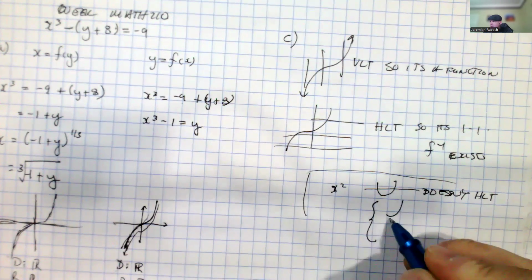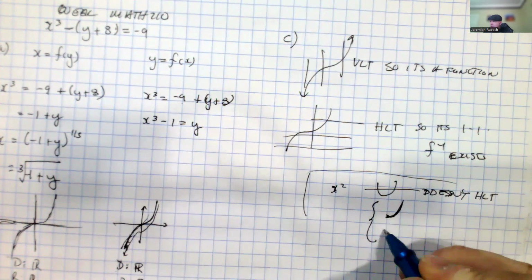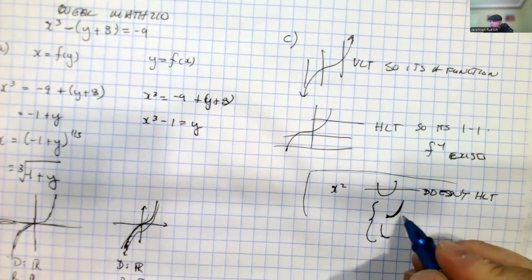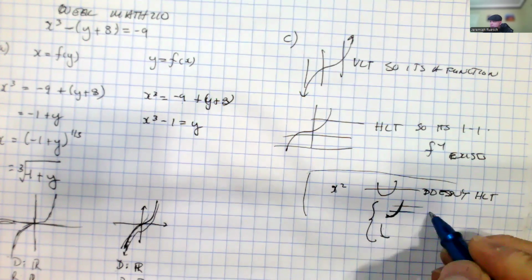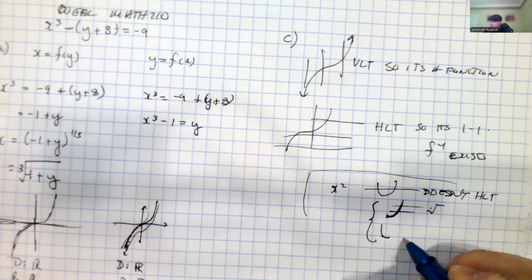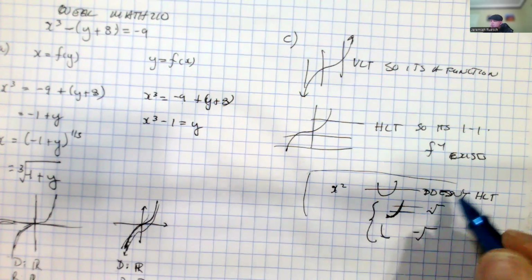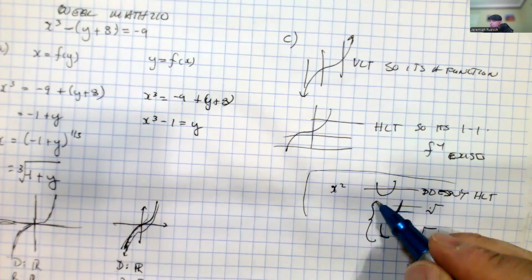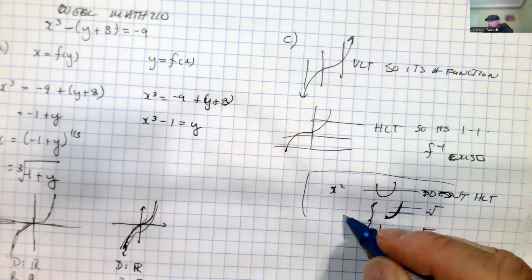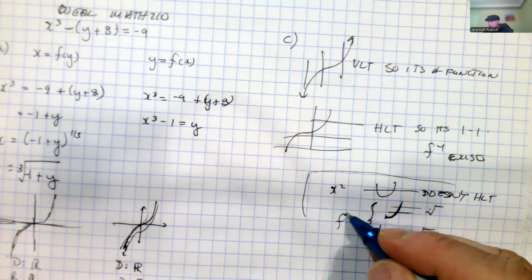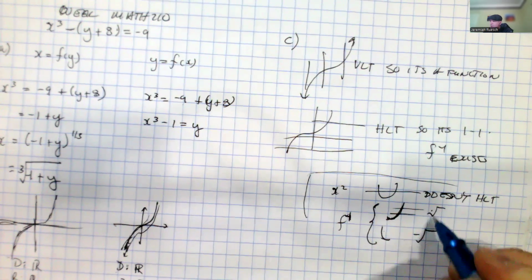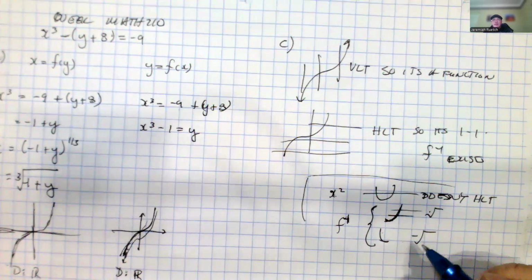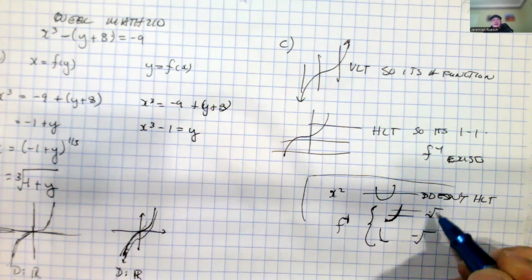So you have this case, and then you have this case. And so this is the positive square root, and then this is the negative square root. And so in this case, we put it together piecewise, and then this is the f inverse for x squared. And that's why you get the two plus or minuses with the root.